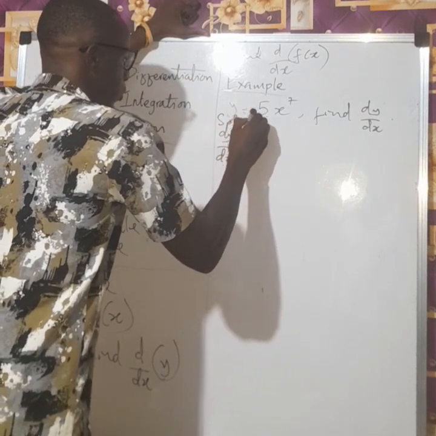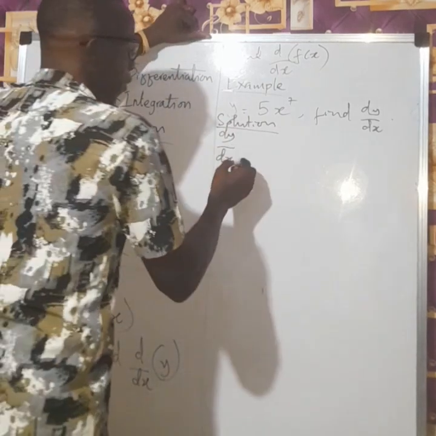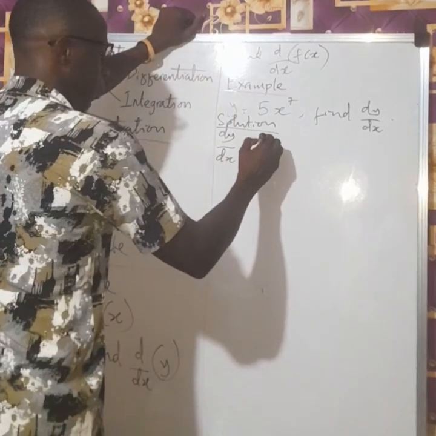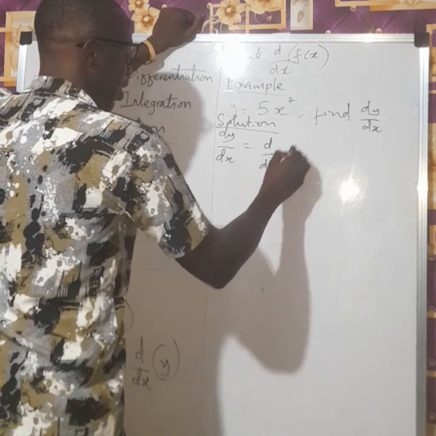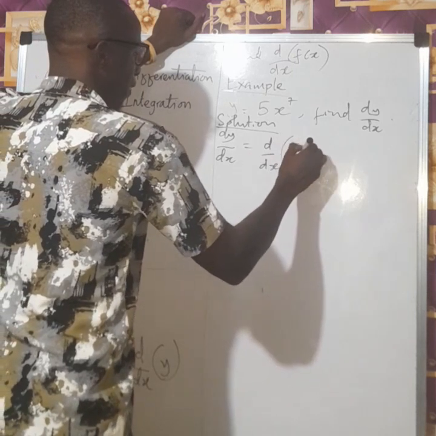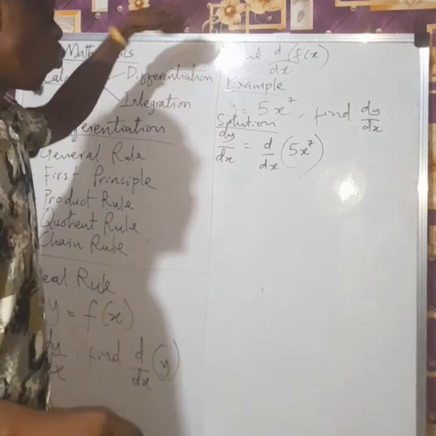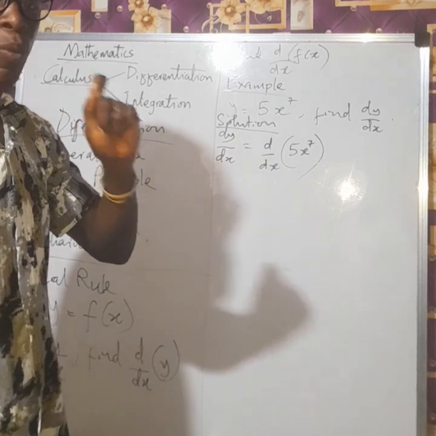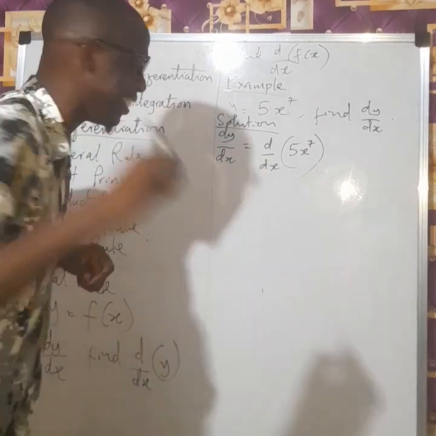Solution: dy dx is equal to d dx of 5x raised to the power 7. That was differentiating y with respect to x. Now listen to this note.